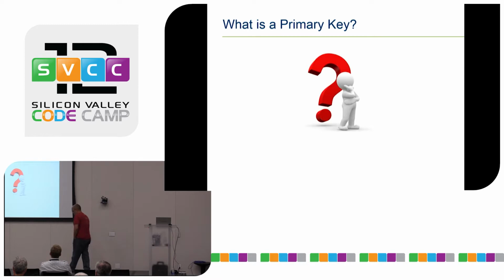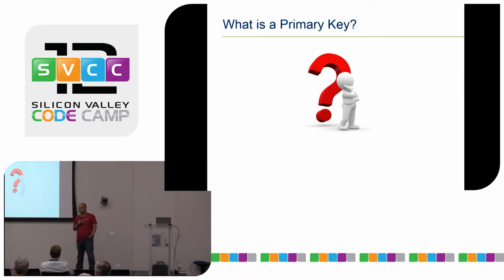So my first question, and you can ask yourself that question if you want to write it down. Does anybody volunteer to tell me what is a primary key? Yes? Primary key is a unique identifier that gives a database row its own unique identifier, that allows it to be retrieved. It's a unique identifier.